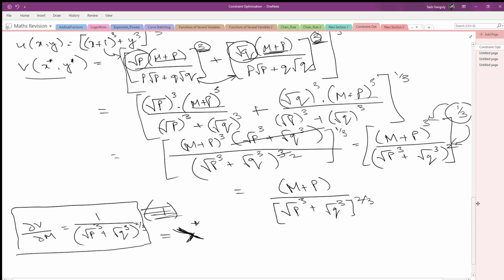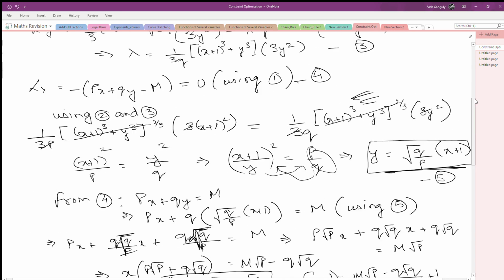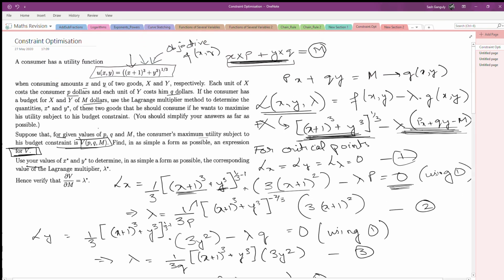And the same thing we have to do in this question also. So if you go back to the question, we have found x star, we have found y star, we have found what is v, right? And we have found it in as simple as possible expression, right? Now we have to use our values of x star and y star to determine what is lambda star. So in the previous, just before now, we found v.